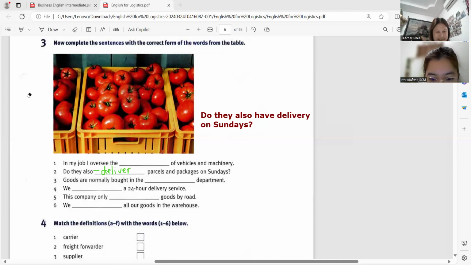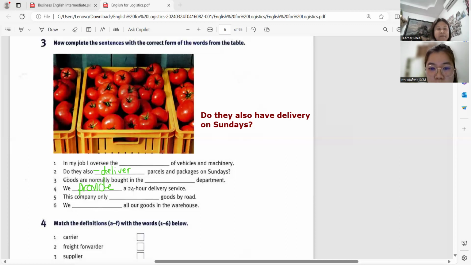We provide a 24-hour delivery service. Yes, we provide. Verb or noun? Verb. Yes. So if we're going to use the noun, how will we construct the sentence?